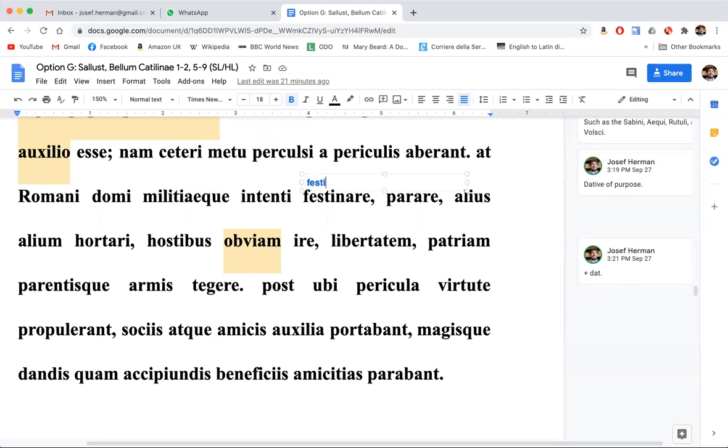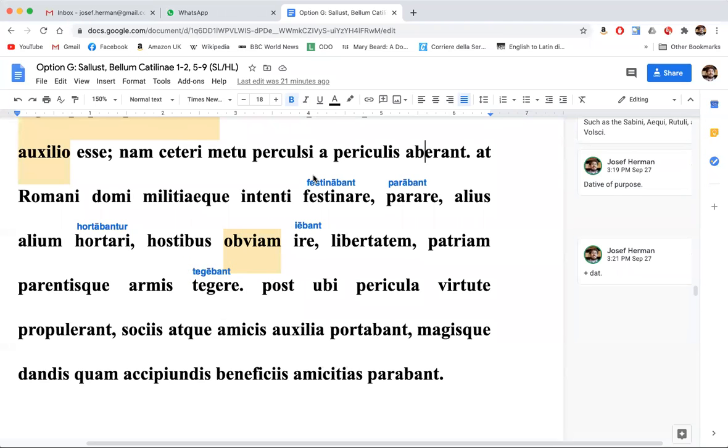So for example, imagine that we have festinabant, and parabant, and hortabantur, and ibant, and tegebant, right? Imagine that all of these are imperfect tense verbs.